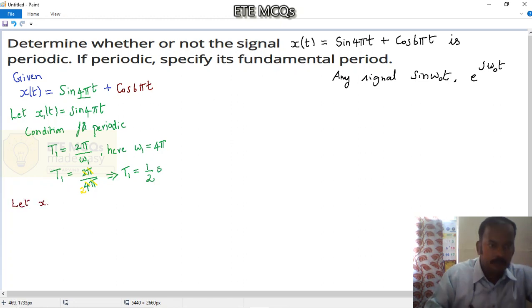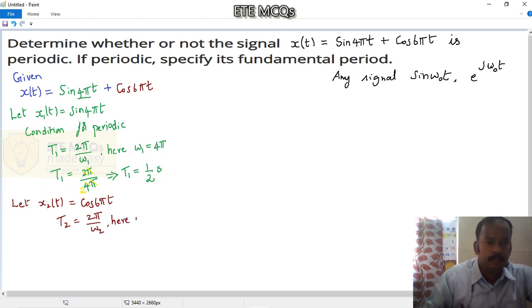Let x2 of t is equal to cos 6 pi t. When you apply the condition, you will have T2 is equal to 2 pi divided by omega 2, and here we know that omega 2 is equal to 6 pi.